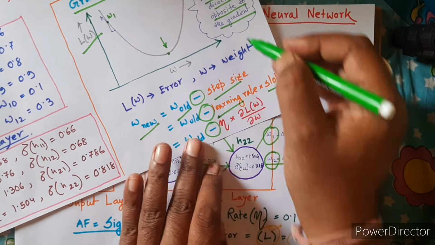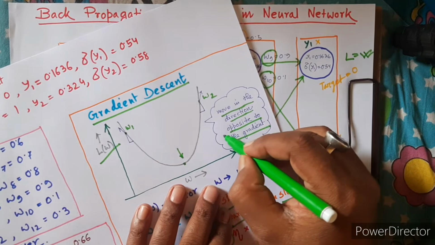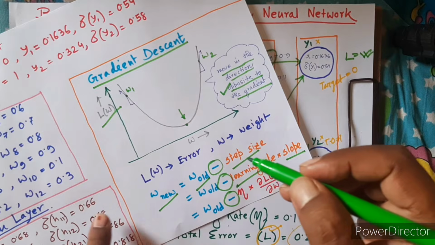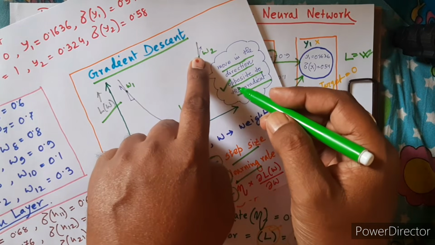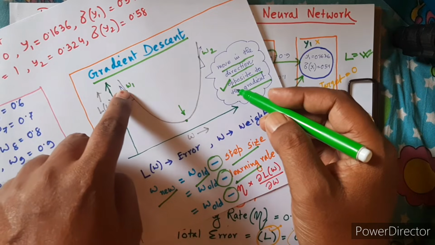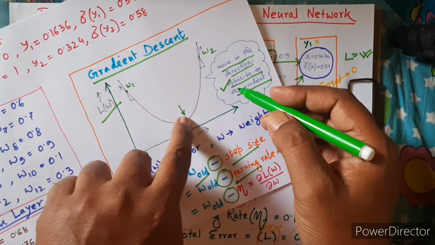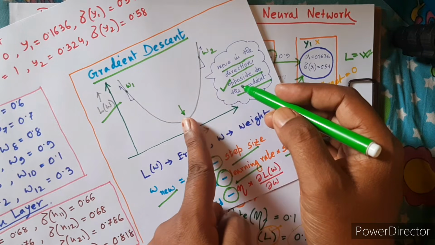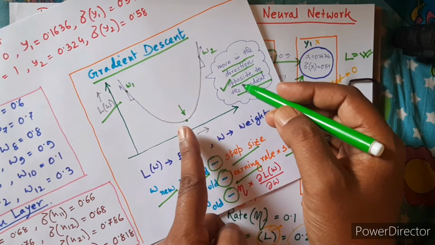Because I need to move in the direction opposite to the gradient. So if you are in this direction, you need to move opposite to the gradient. So W2 will decrease the value and W1 will increase the value.